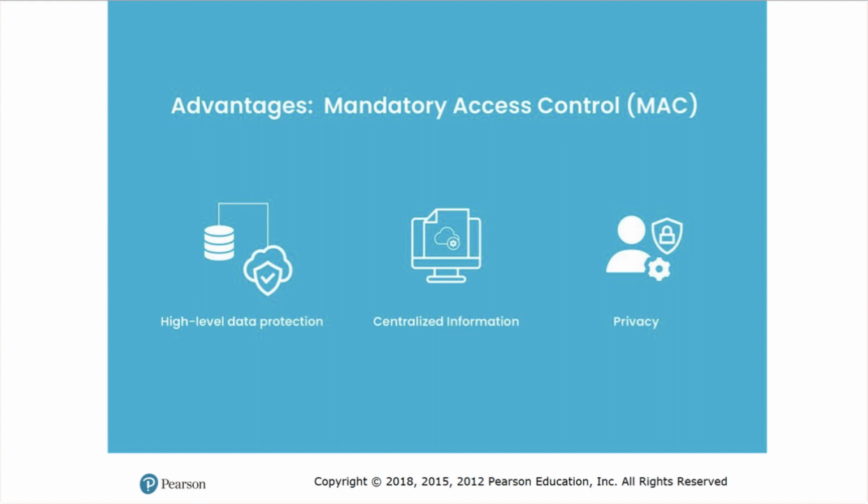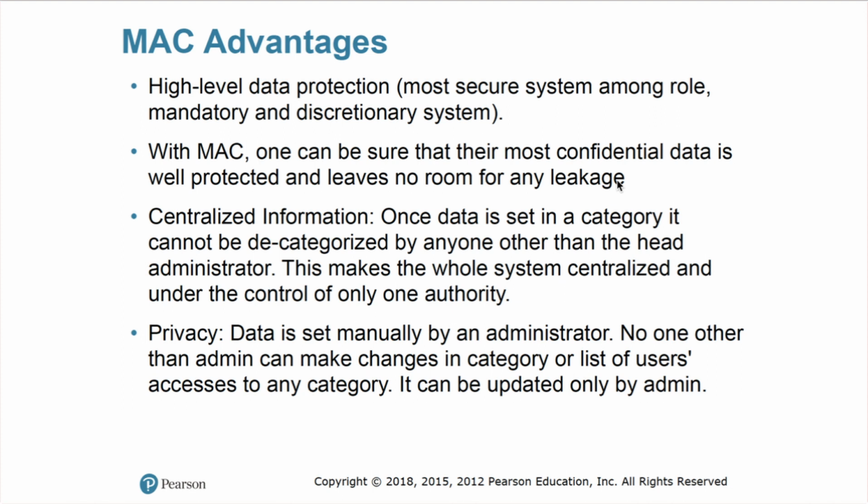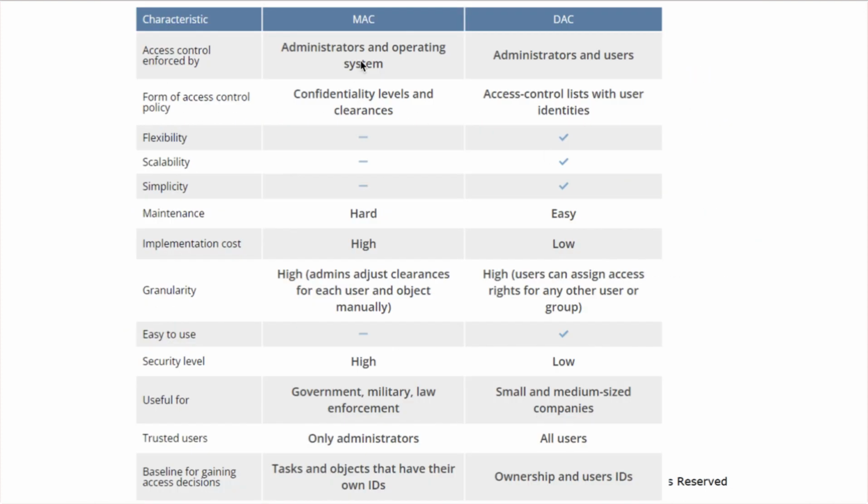So let's now look at the comparison. Access control is enforced, in DAC, by the administrator and users. As we discussed, the users are the owners and they set permissions, the access matrix, basically user, group, and the rest of the world, as we saw in Unix, and as we are doing in the lab as well.